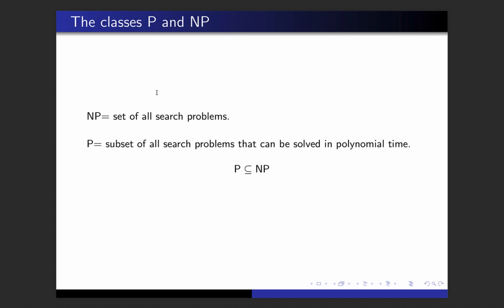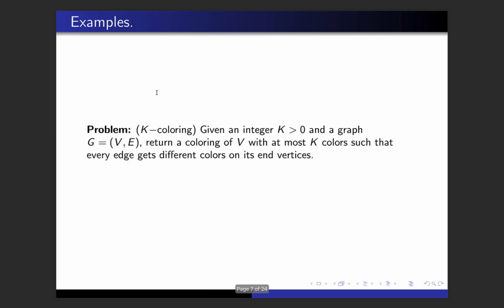It will be a great idea at this point, I feel, to see a couple of examples of problems that live in this universe NP. So let me start with maybe this is also familiar to you guys. It's a graph problem, so we're fresh with graph ideas in our mind, and this is a famous problem, which is in popular folklore known as the K coloring problem. What is the problem?